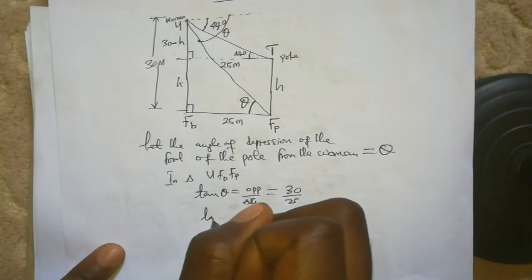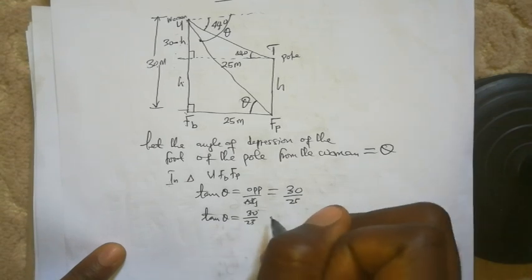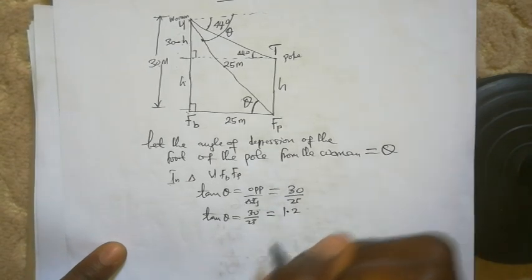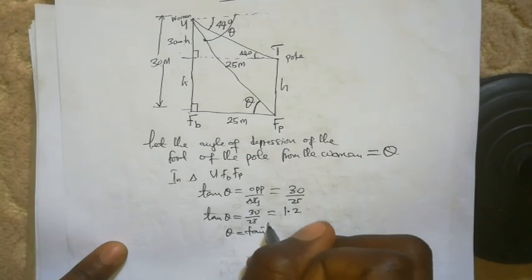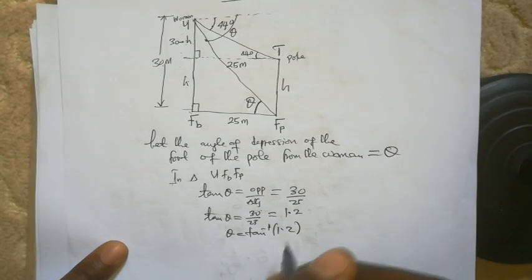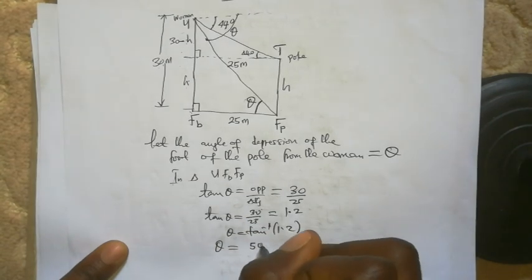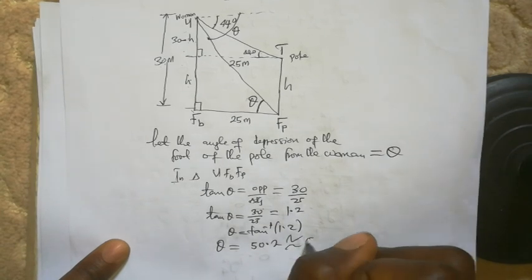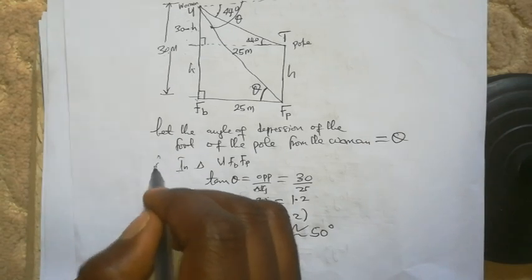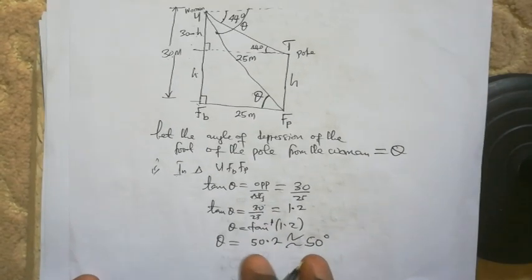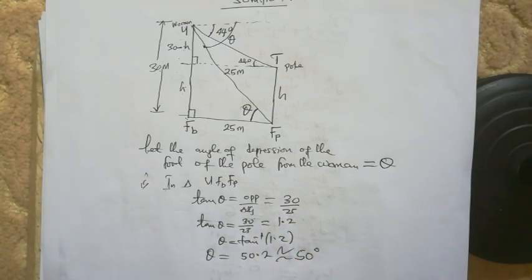So tan theta is 30 over 25, which gives 1.2. Our theta is tan inverse of 1.2, which is 50.2. Approximately, we have 50 degrees in whole number. So this is the first question: the angle of depression of the foot of the pole from the woman.